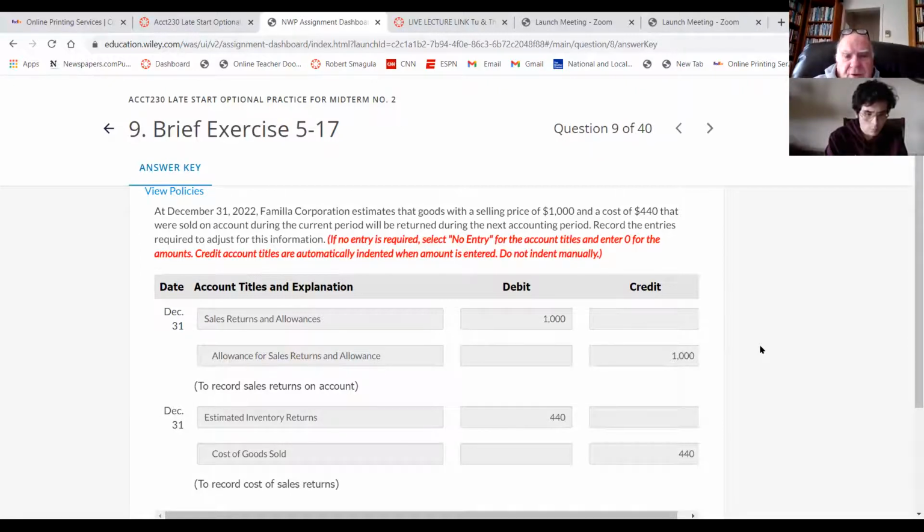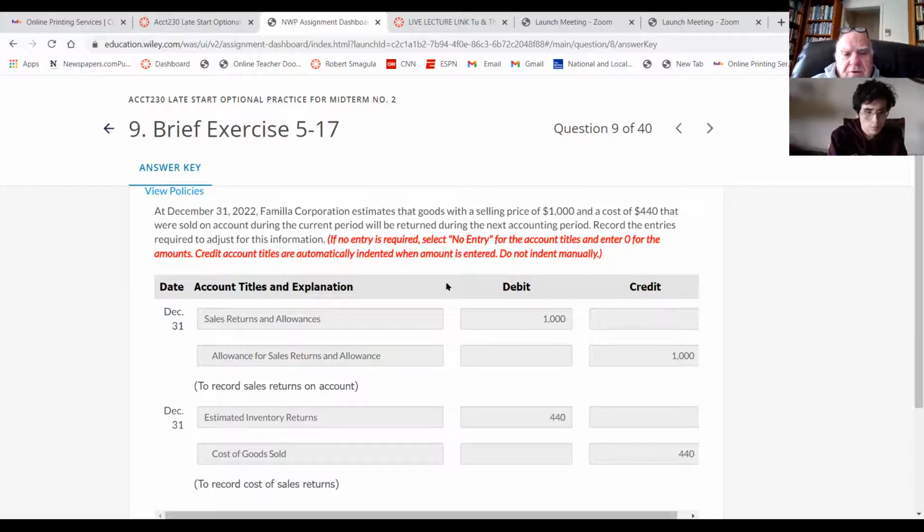The company estimates that in the future, goods with a selling price of $1,000 and a cost of $440 will be returned. This is the one where I don't think they should have put this on the test.